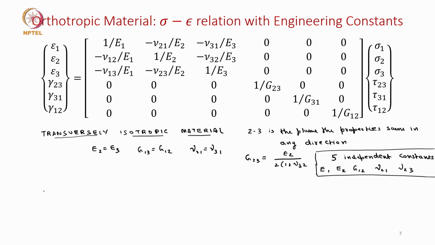Okay. So, these are the 5 independent constants which will be left if we are considering the transversely isotropic material. But again we can further simplify and say that we are only looking at an isotropic material.